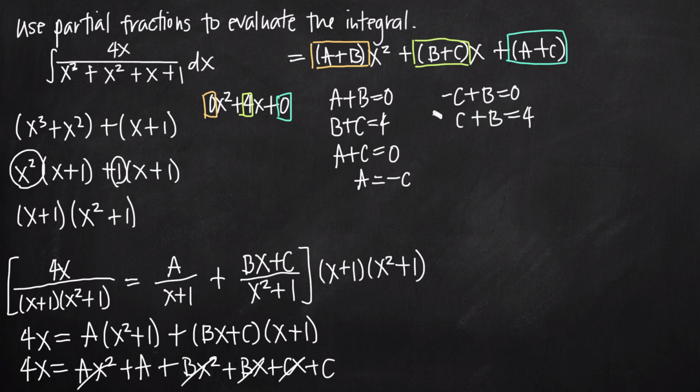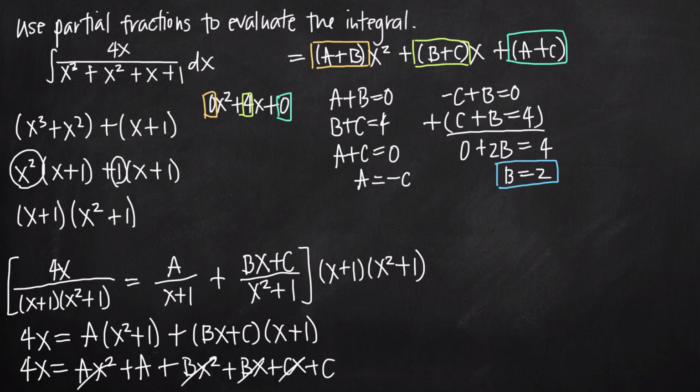And now what we can do is add these two together, because we have a negative c and a positive c. So when we add these two together, we'll get 0. Positive b plus positive b is 2b, and 0 plus 4 is equal to 4. So now we can see that b equals 2, and we've solved for our first constant.